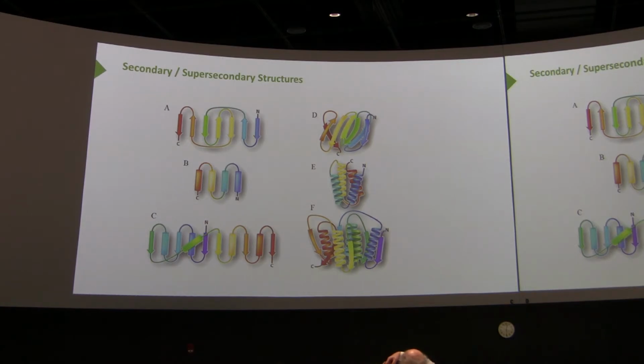If I do an antiparallel, this guy that's down here at the bottom is not close to something that's 10 amino acids away. It's a little further away. Still pretty close in primary sequence. So I call those supersecondary. So these things that you see on the screen, when you see a sheet, I refer to sheets as supersecondary structures. Okay? If I had just a strand, I would be talking only about secondary structure.